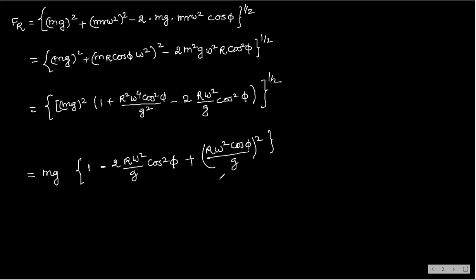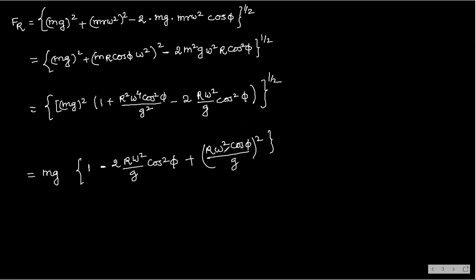So see now, this is what I am getting. What we will get, see now this part, r omega square cos phi by g whole square.